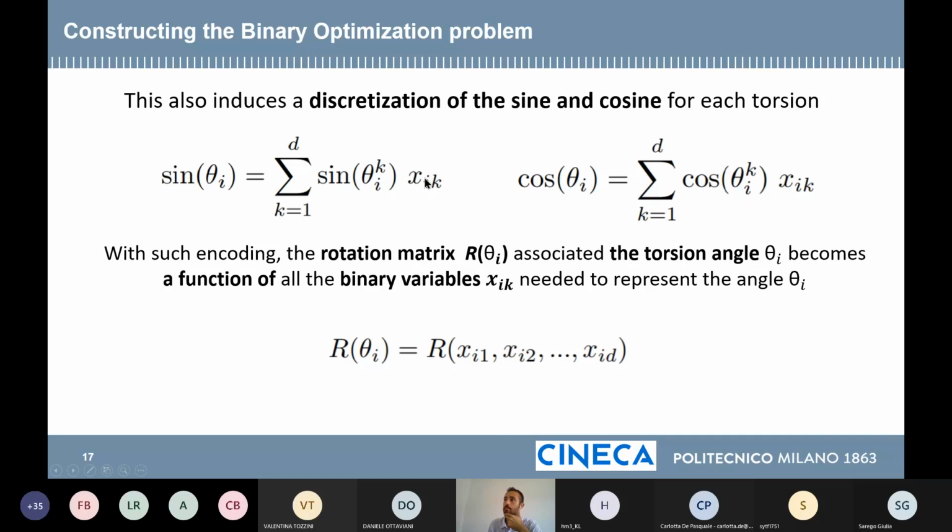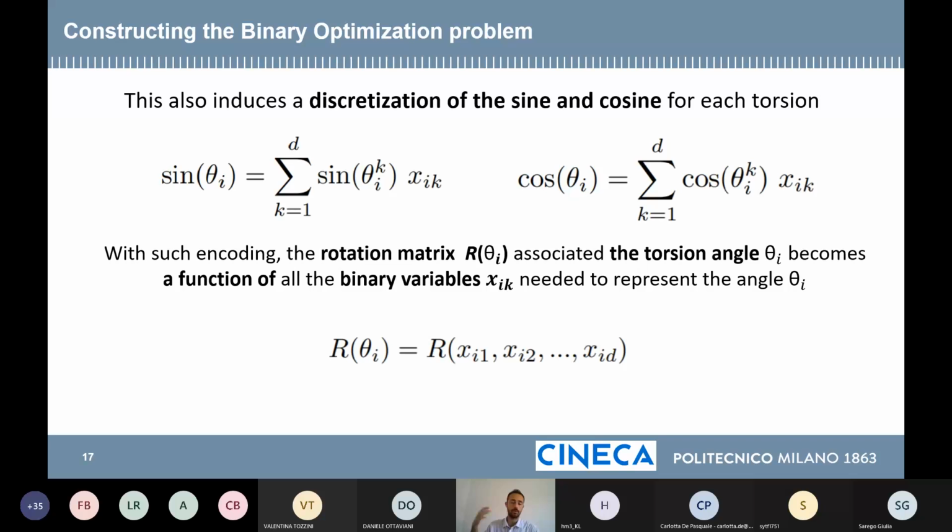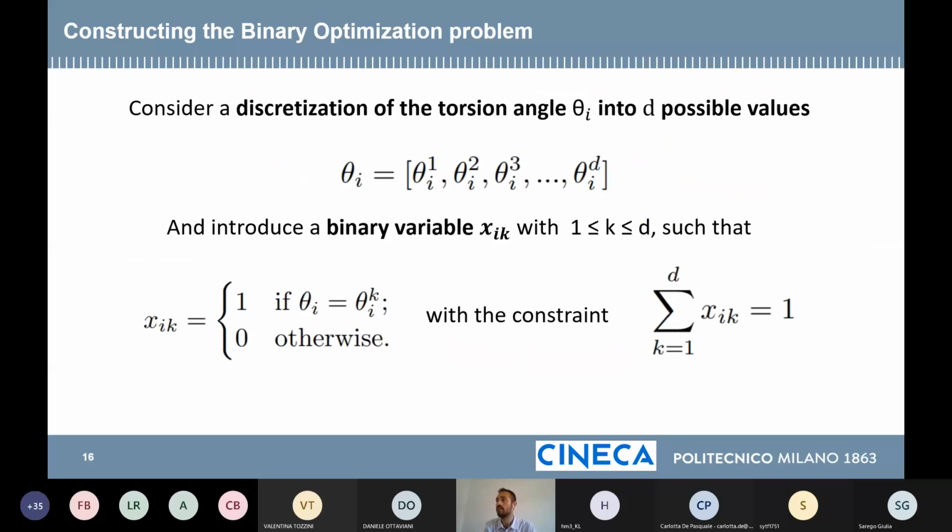So it is the sum of x_ik, which tells you if angle theta_i has value theta_ik.